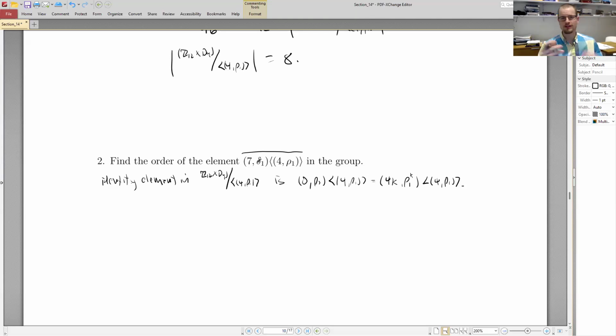Now, I can't get delta 1 to look in general like a rotation, except that delta 1 squared is row naught, the identity element. So I want to notice that delta 1 squared is equal to row naught. So the order of delta 1 is 2. That's what I'm interested in observing there.